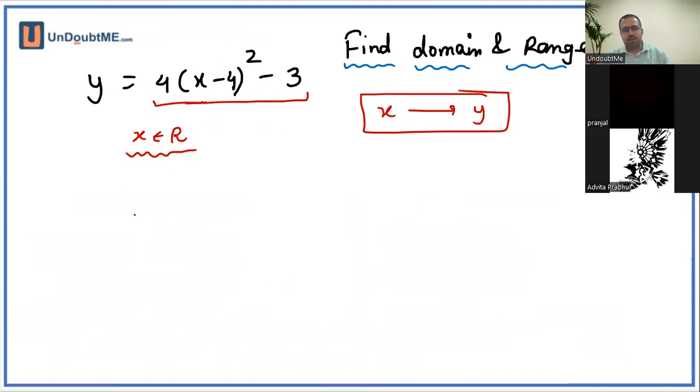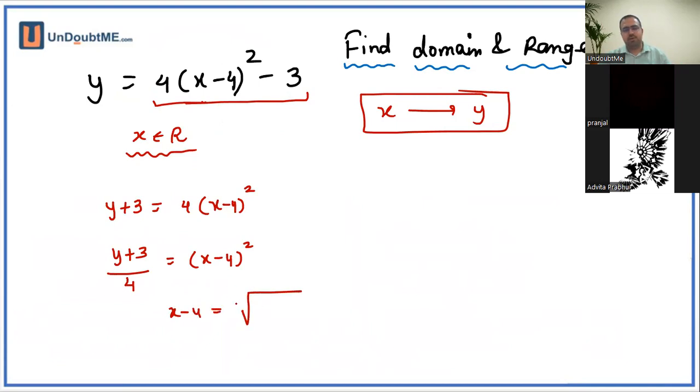I can send 3 to the other side, so it will be y plus 3 is equal to 4 times x minus 4 whole square. Okay, then I will divide both sides by 4. So (y plus 3) divided by 4 is equal to (x minus 4) whole square. Then taking square root on both sides will give me x minus 4 is equal to plus minus square root of (y plus 3) by 4.